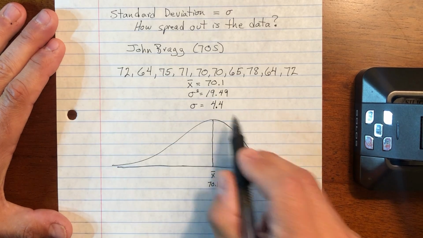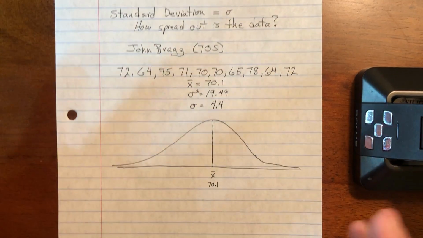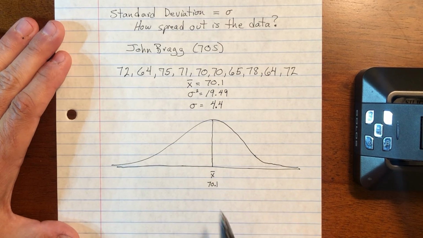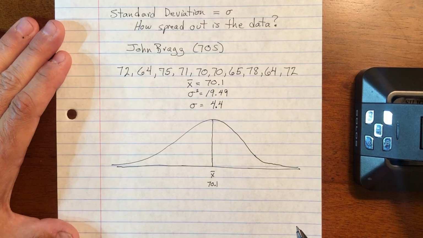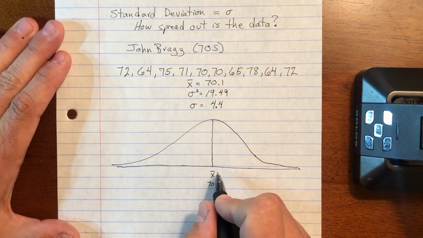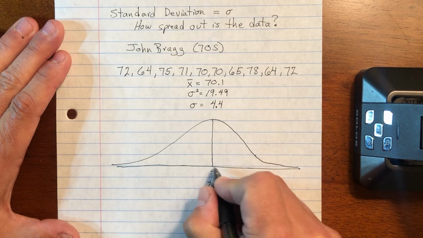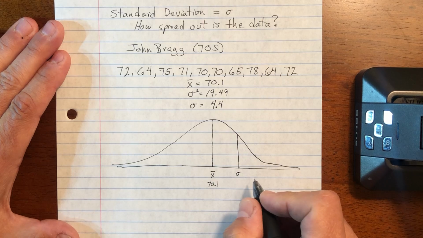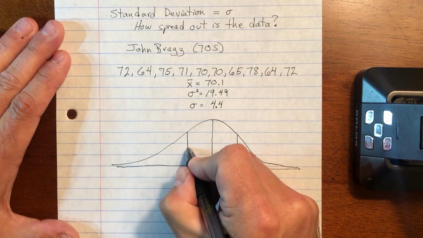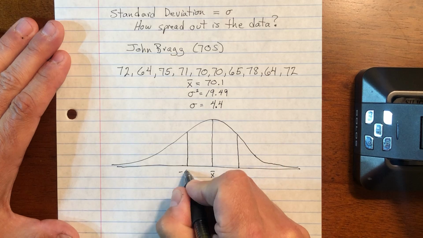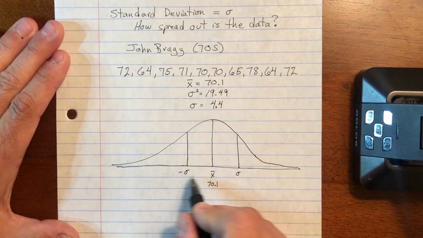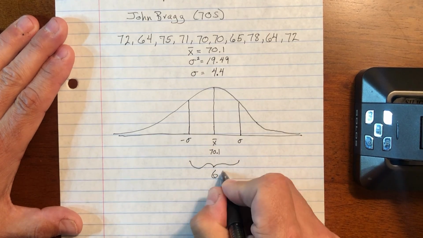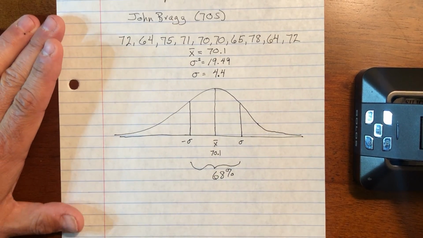The standard deviation helps us figure out how spread apart that is, because within one standard deviation of the mean is 68% of the data. What does that mean? If we go one standard deviation in this direction, right about here, and we subtract one standard deviation the other way, negative one standard deviation, then between here and here is going to be about 68% of the data.